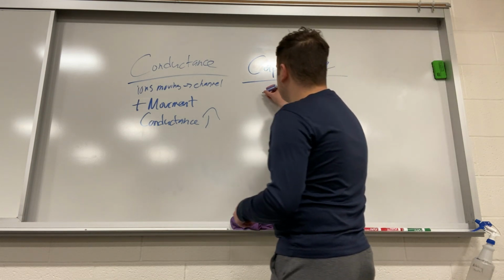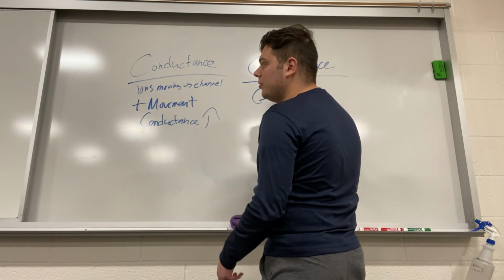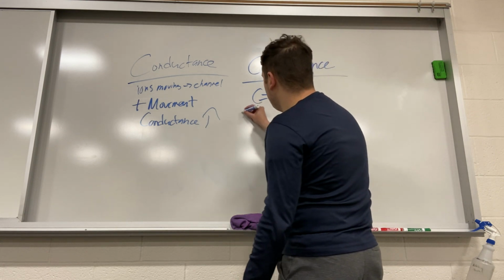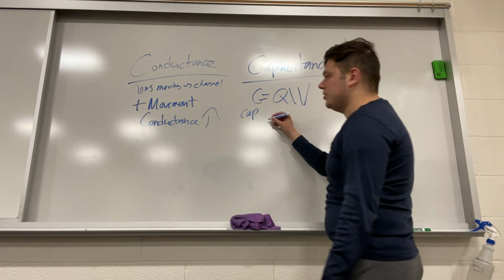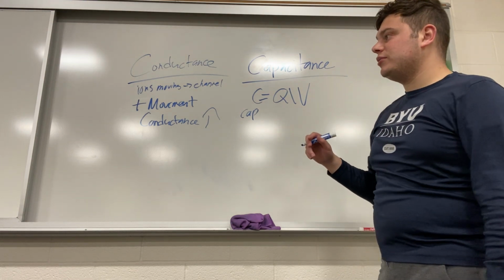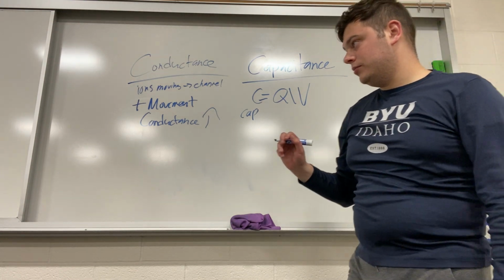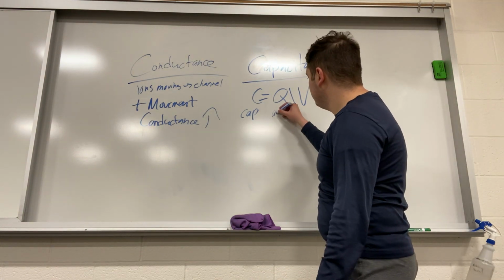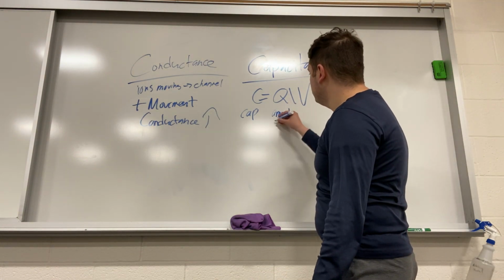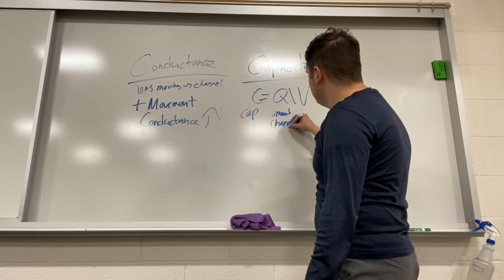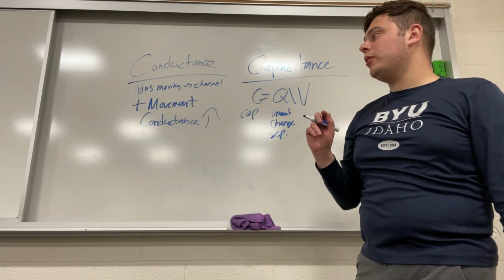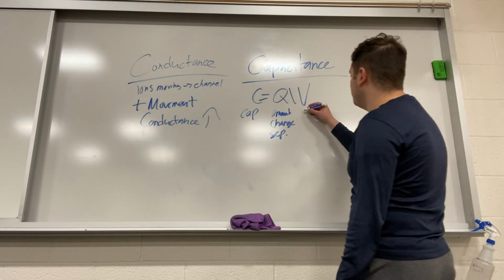So capacitance, which is C equals Q divided by V. So as I said before, C is capacitance. Q stands for the amount of charge separation. And V stands for the voltage between surfaces.